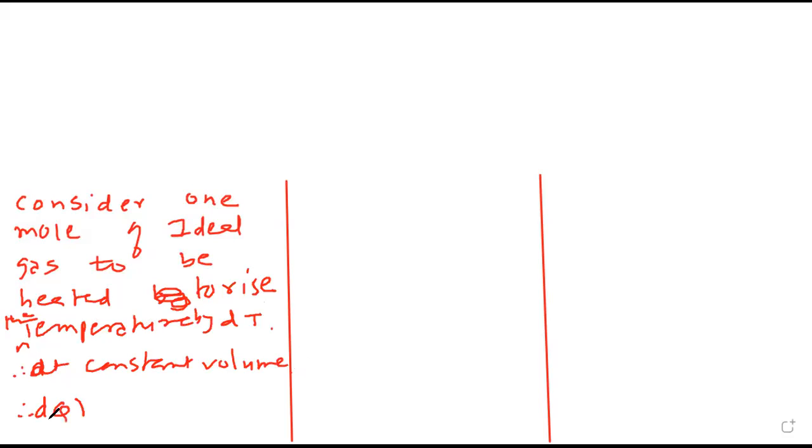Therefore, dq, the heat supplied at constant volume, will be Cv dT, equation 1. Any doubt in that?